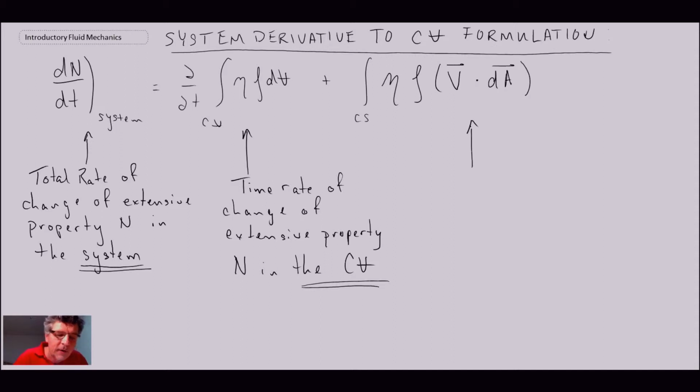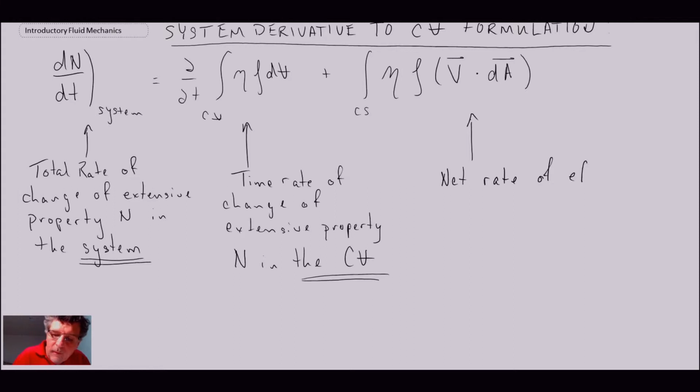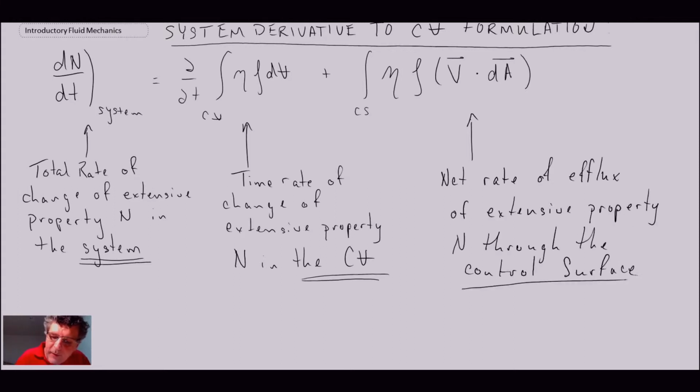And then the last term is the net rate of flux of that property into or out of the control volume. And this is with respect to the control surface.